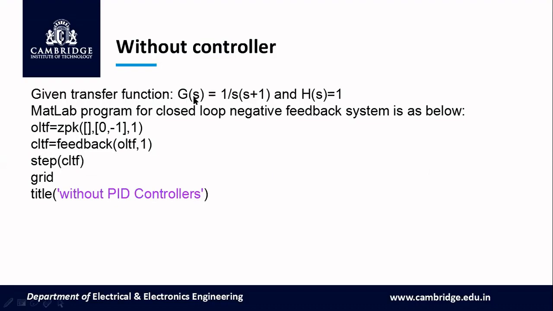Now consider a transfer function G(s) equals 1 divided by s into (s plus 1), and H(s) is equal to 1. So here we are going to write the Matlab program for this transfer function. OLTF, that is open loop transfer function, is equal to ZPK, meaning zeros, poles and constant k.